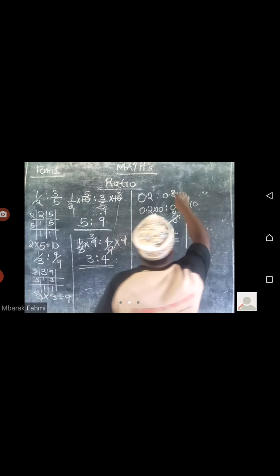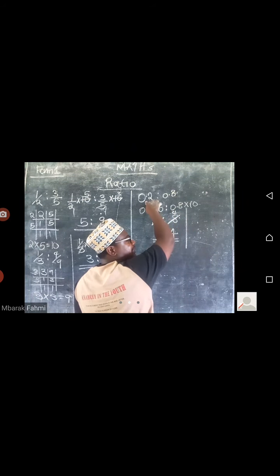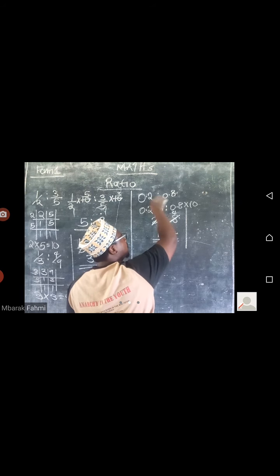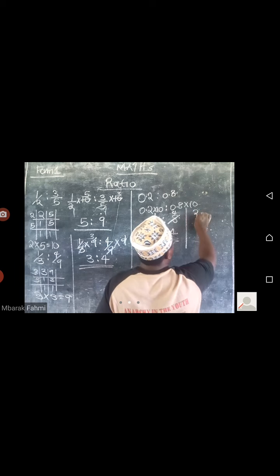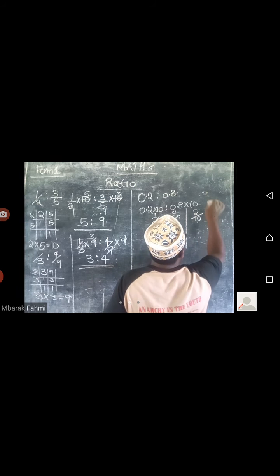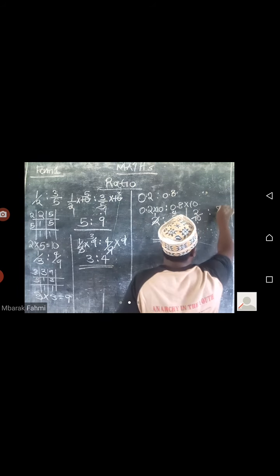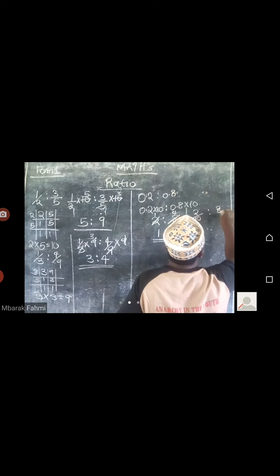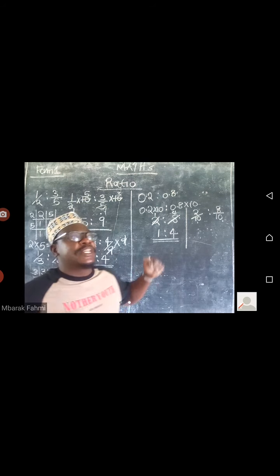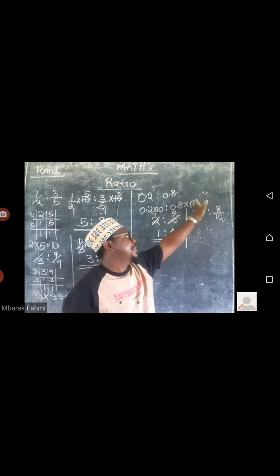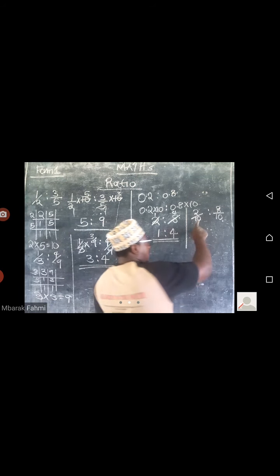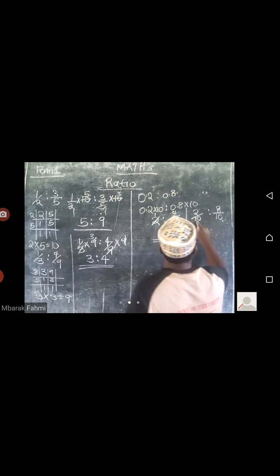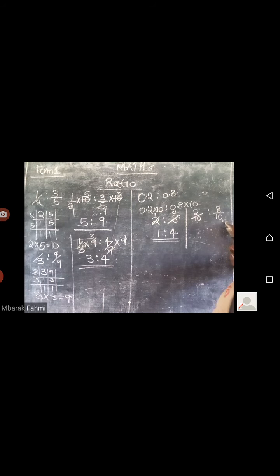The other way is to rewrite this in terms of fractions. 0.2 is the same as 2 over 10, and 0.8 is the same as 8 over 10 because they all have one decimal place. If they had two decimal places, it would be something like 2 over 100, and so on.